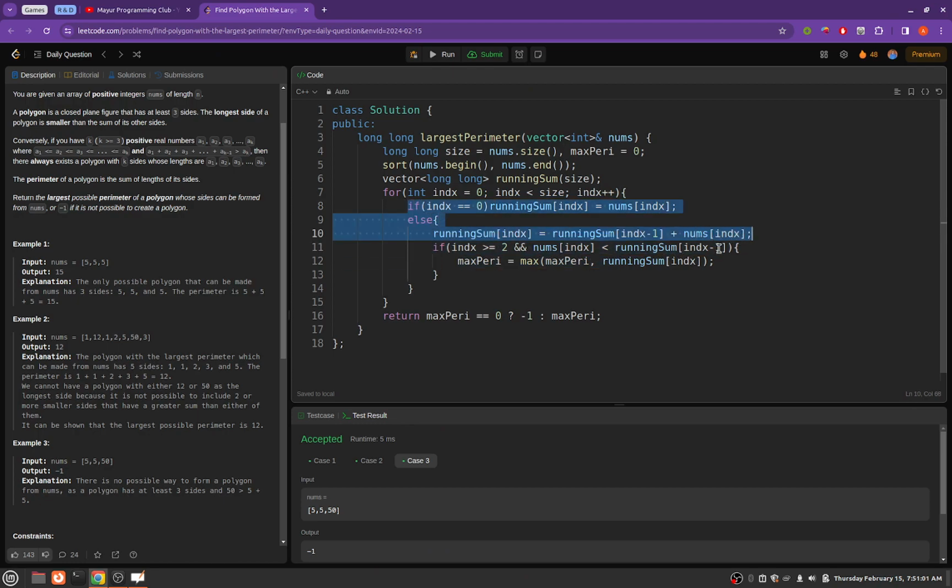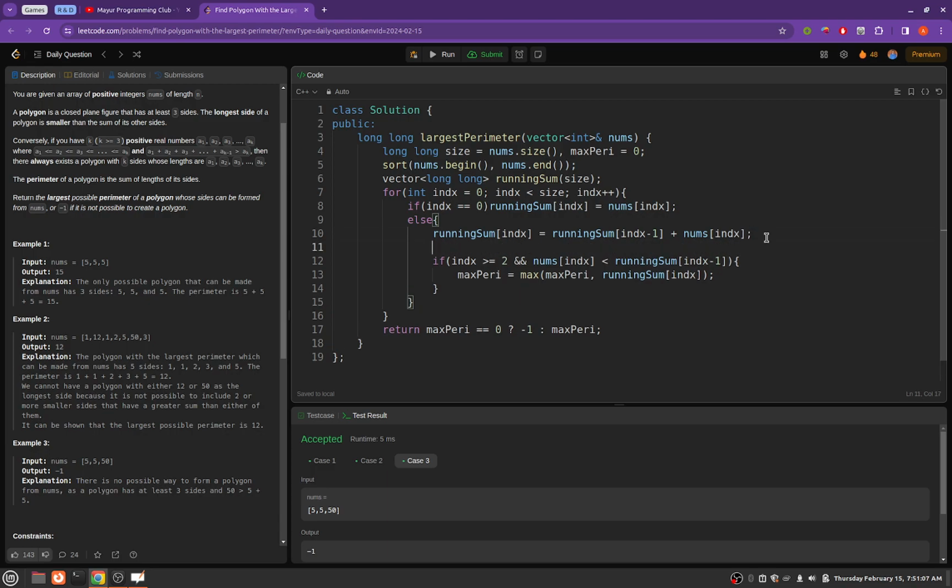And then we are checking the condition of whether we are forming a polygon or not.